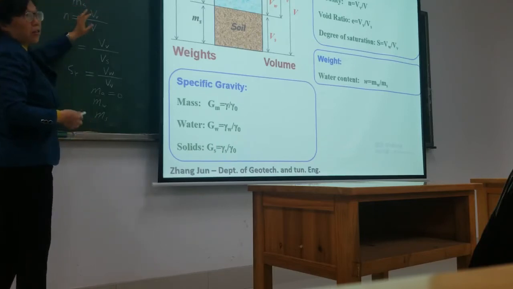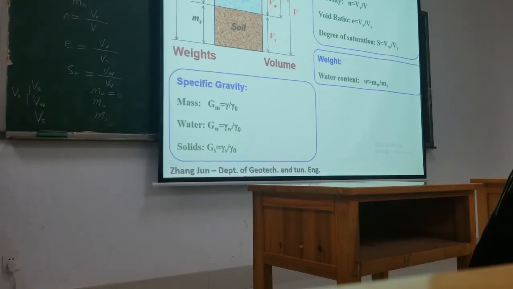Here, MS, not M. Okay? And some specific gravity for mass, maybe the specific gravity means gamma divided by gamma 0. Gamma means unit weight of soil.